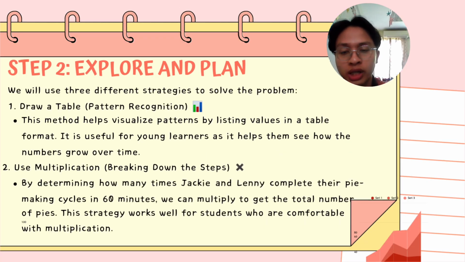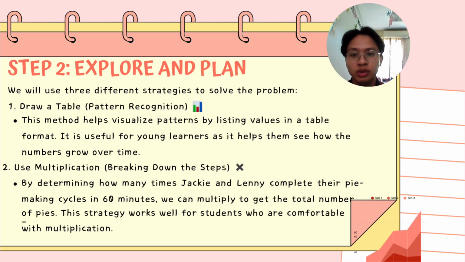Step 2. We need to explore and plan. So, we will use three different strategies to solve the problem. First, I use draw a table, which is under pattern recognition. This method helps visualize patterns by listing values in a table format. It is useful for young learners as it helps them to see how the numbers grow over time.